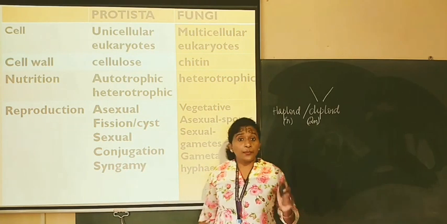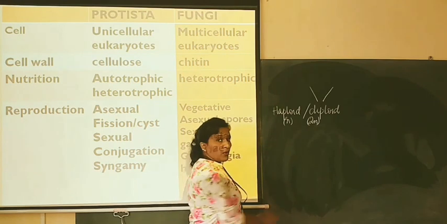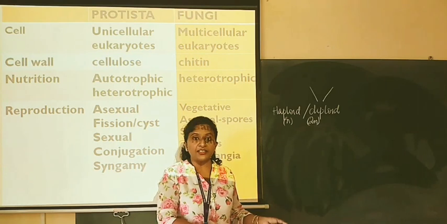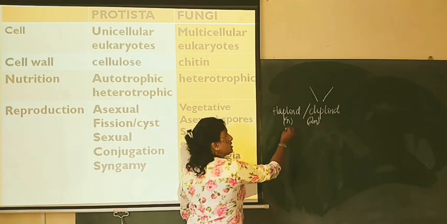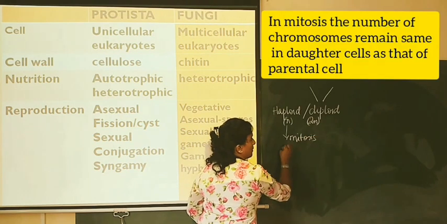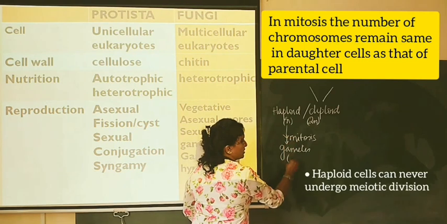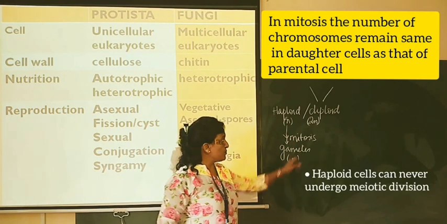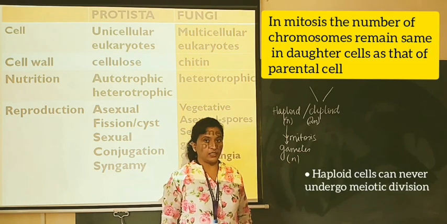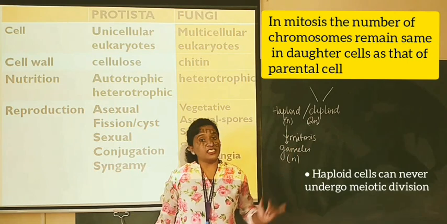So in kingdom Protista, suppose the organism is already haploid in nature, that means they have only one set or half the number of chromosomes, they will undergo mitotic division to give gametes. Since it is mitosis, the gametes will be exactly similar to the parent. So the gametes are haploid here, because already the organism is haploid.